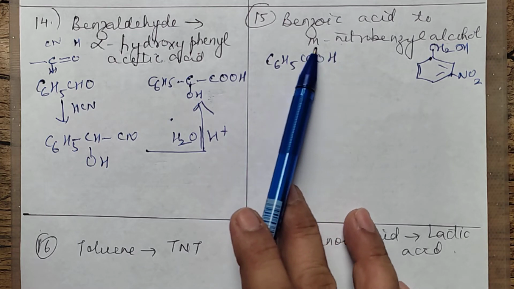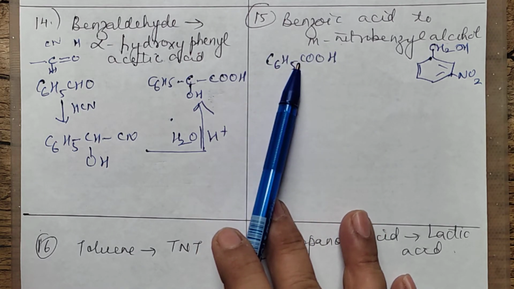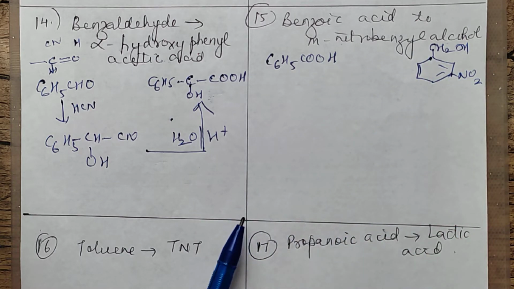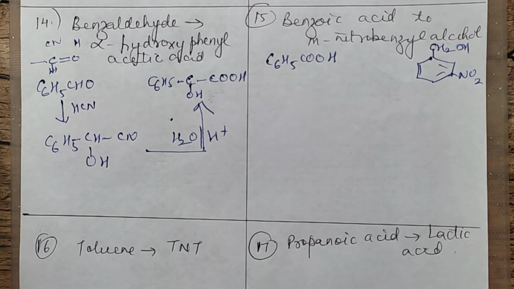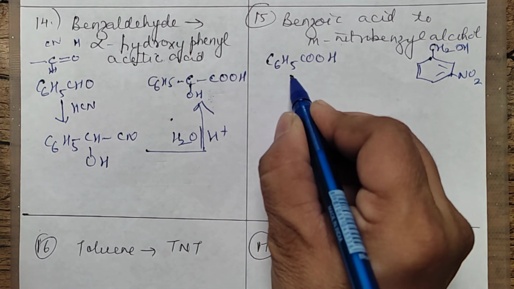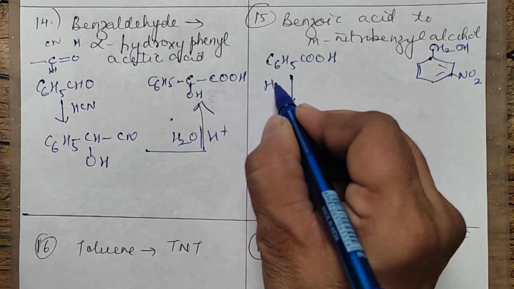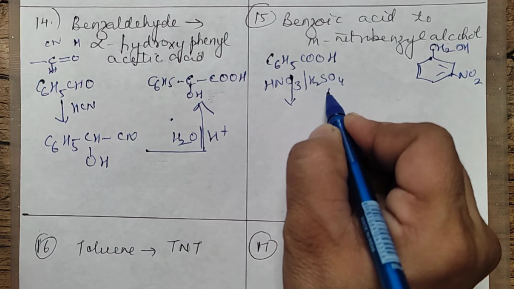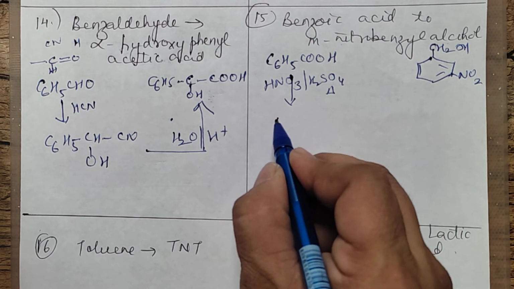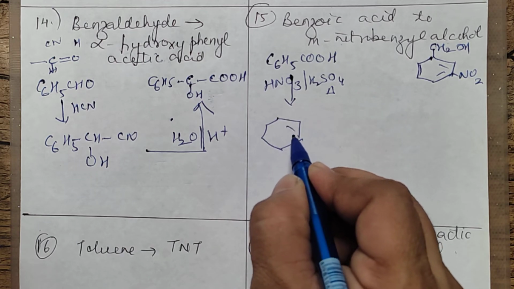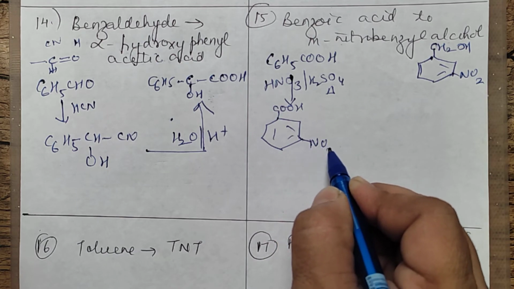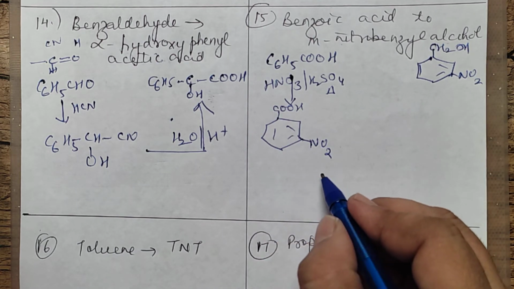First work is converting this acid to alcohol. The next thing is we have to introduce the nitro group in the ring. So first we can carry out its nitration, in the presence of concentrated HNO3, H2SO4 and heat. That means benzoic acid, COOH, its meta position will be substituted by nitro. So one work is done.